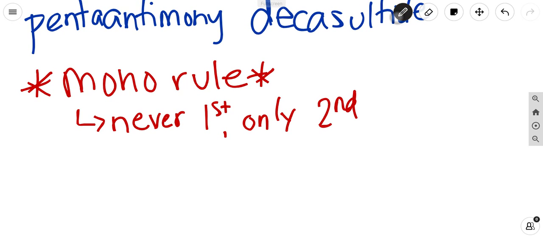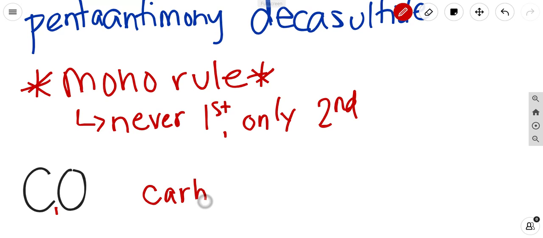The best example of this is this compound right here. This is what comes out of your exhaust pipes in vehicles. If I look, that's a 1. Remember, we never really write 1s. But I'm not going to write it first, so I'm just going to write the element. So that's carbon.